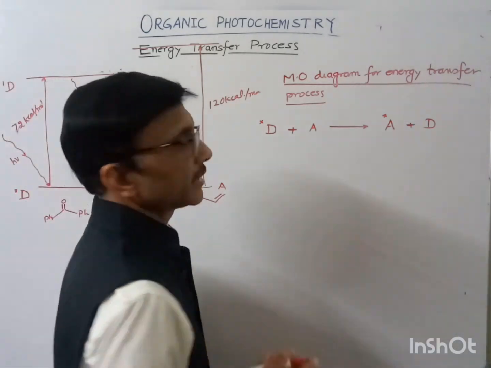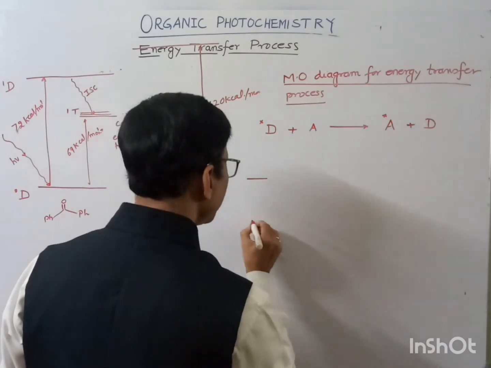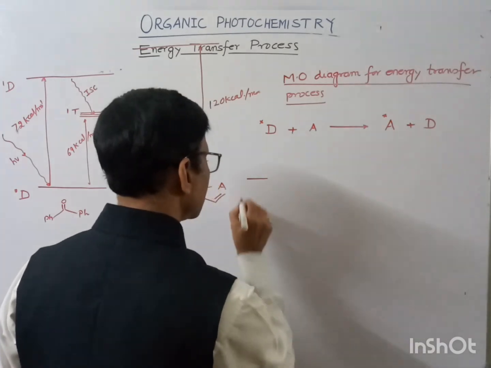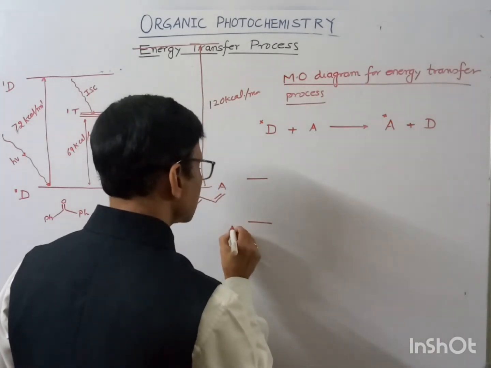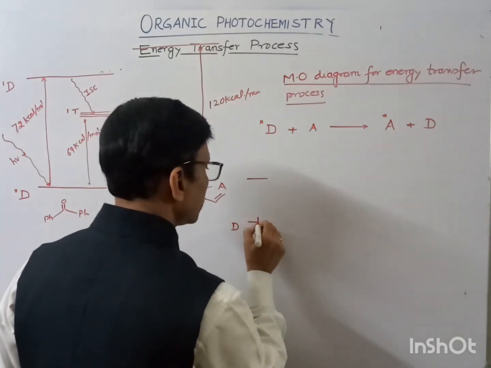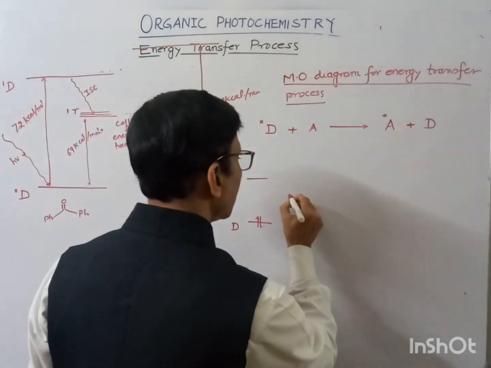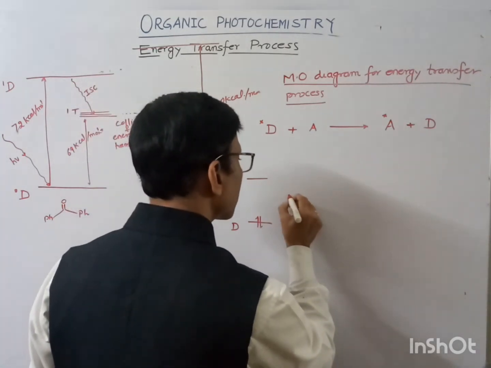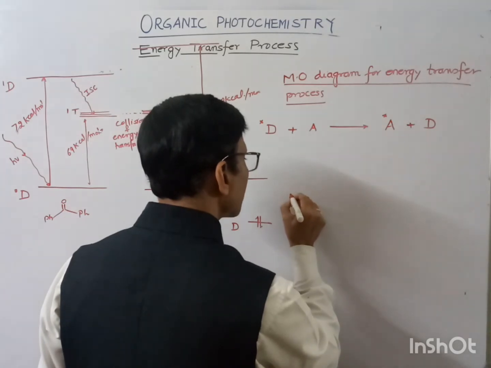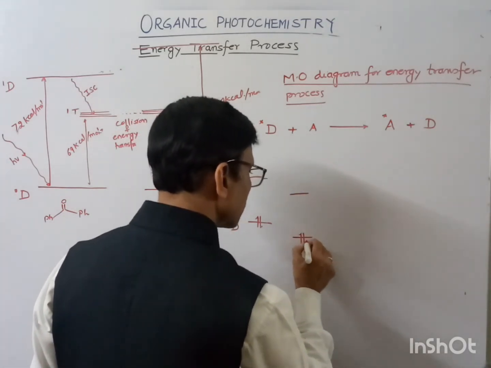So this can be shown by the molecular orbital concept also. Suppose we have this molecular orbital for the donor molecule, with 2 electrons in the ground state, and this is our acceptor molecule.